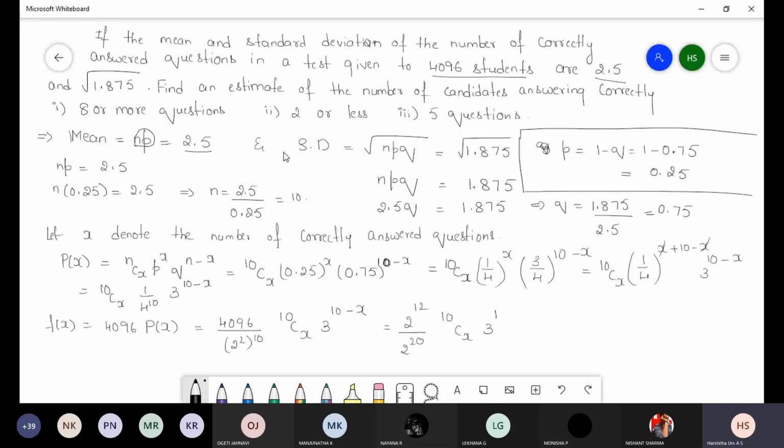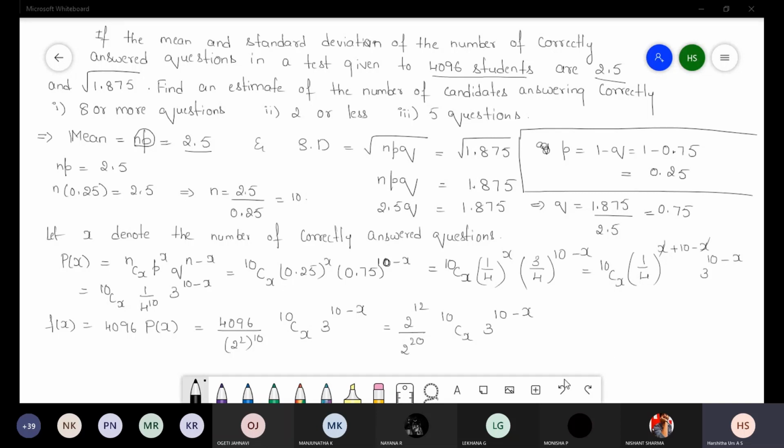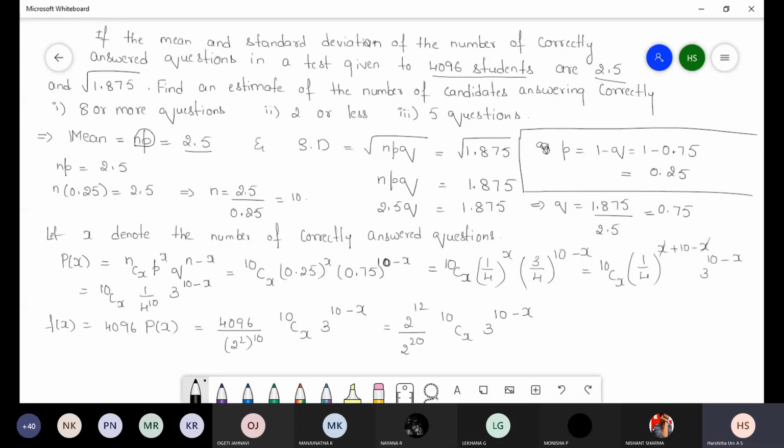So 2 power 12 over 2 power 20 means 1 by 2 power 8, that is 1 divided by 256, into 10Cx into 3 power 10 minus x.